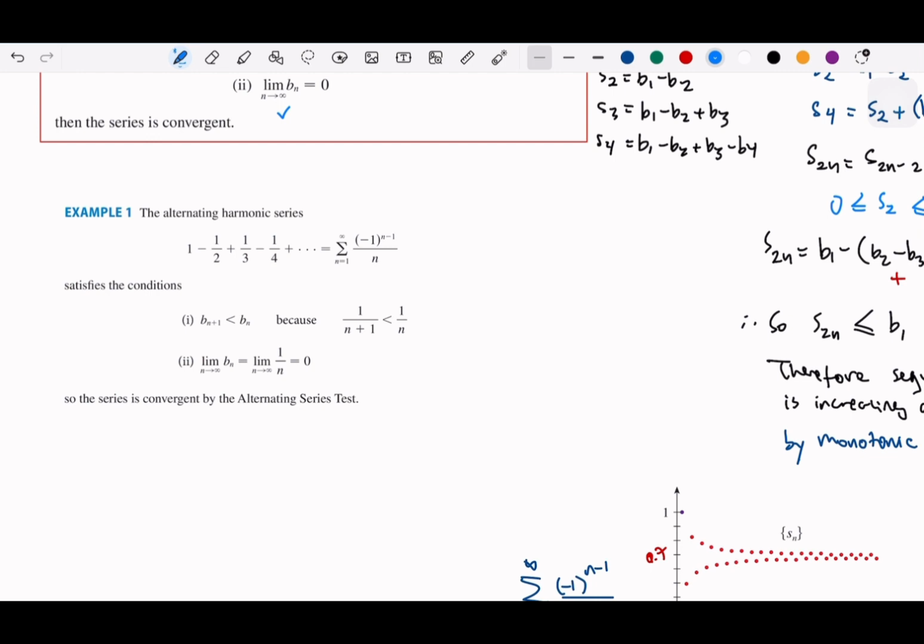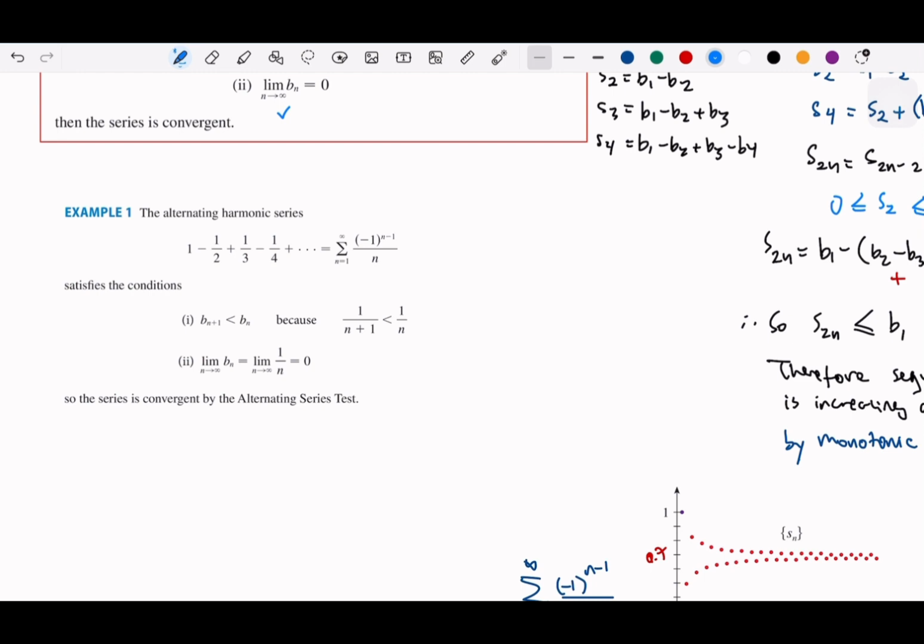Remember in the divergence test, if you take the limit and it's 0, it doesn't necessarily mean it is convergent, especially if it is not alternating. So for alternating, you need to make sure it is decreasing and its limit for the sequence should be 0. And how do we know it is alternating? This part.